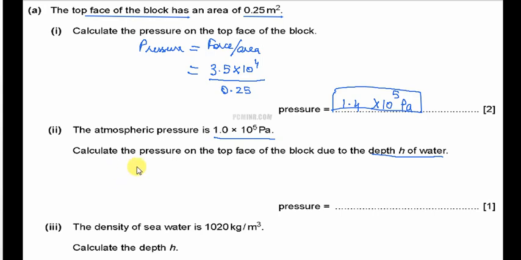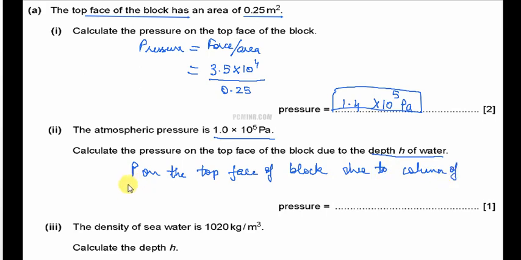So we would say the pressure on the top face of the block, due to the liquid column, we can say, or due to the column of water, is just equal to the total pressure that we calculated, 1.4 times 10 to the power 5.